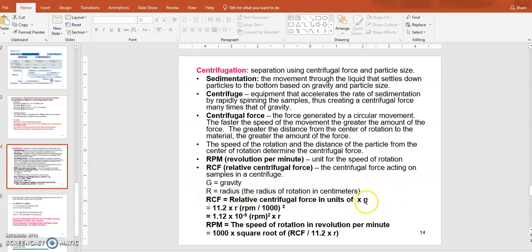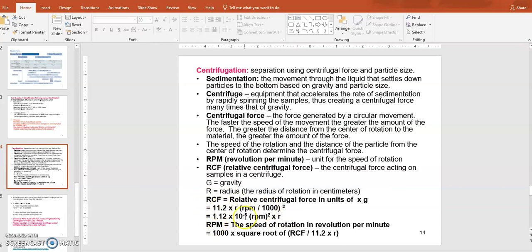That uses the unit of G. And then RCF is described as 1.12 times radius times RPM, the speed, divided by 1000 squared. So that's the relationship between the RCF, the force applied to the centrifuge, and RPM. In other words, 1.12 times 10 to the negative 5 times RPM squared times radius. That's the relationship between the RCF and RPM.